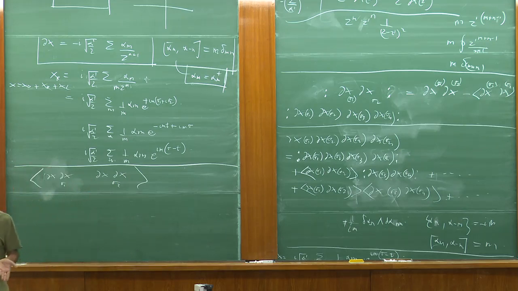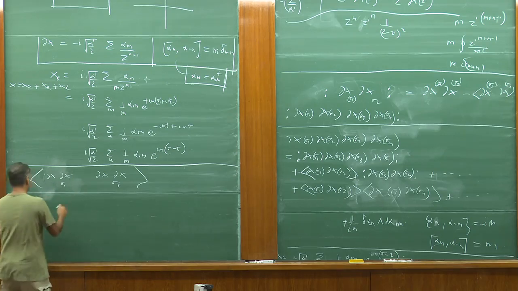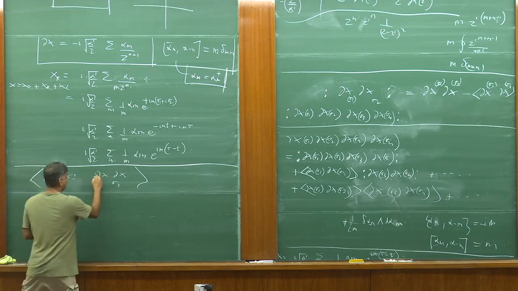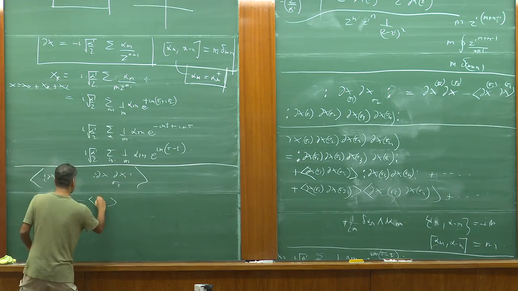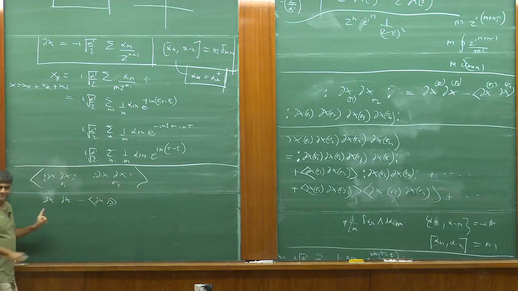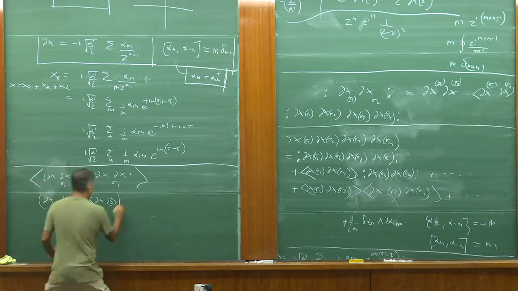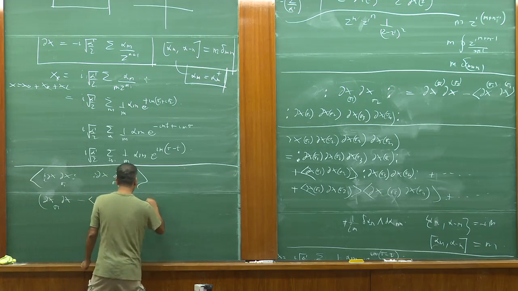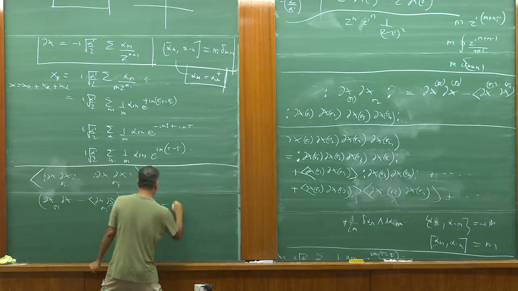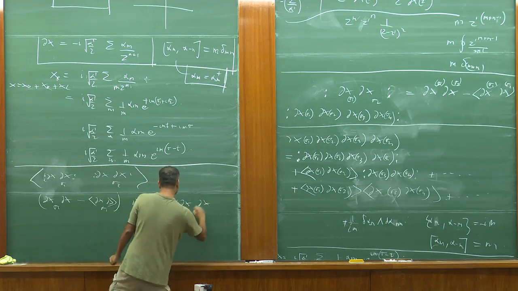Precisely that will cancel against this subtraction. Because what we actually have is that if we define the normal order of this guy, this is del x minus the expectation value of del x, and del x, let's say this is at sigma 1, del x at sigma 2 minus the expectation value of del x at sigma 2.